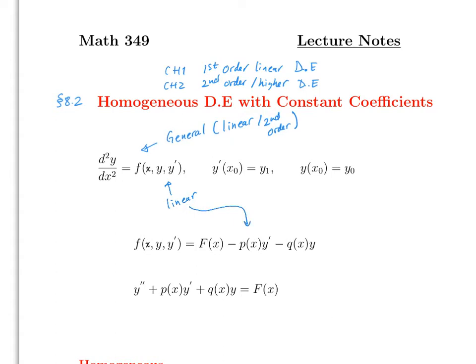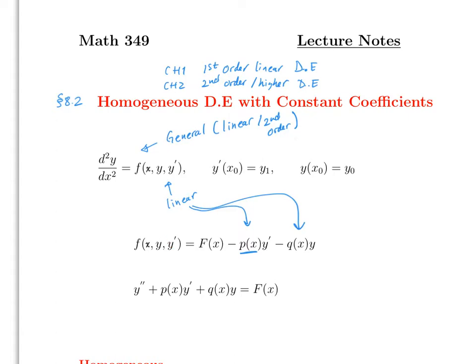It means that the function in here only depends on x, it doesn't depend on y, and that we don't have any powers or exponents or roots or anything in y or y prime or so forth. Okay, and also that this function depends on x only.